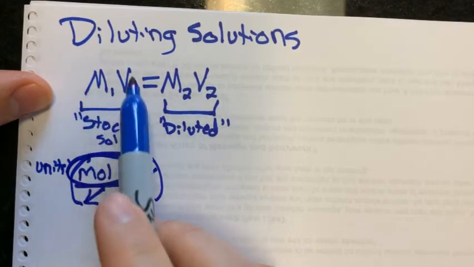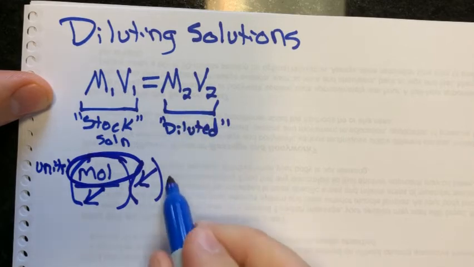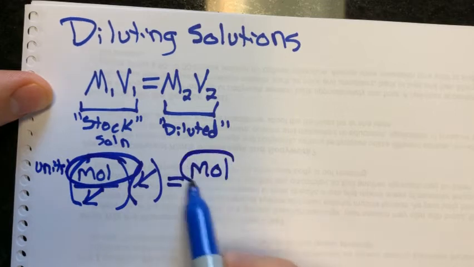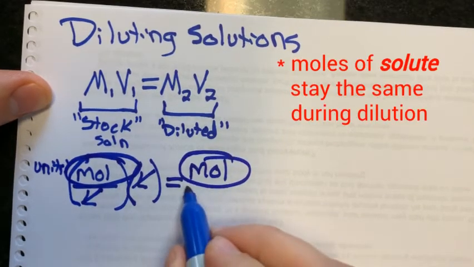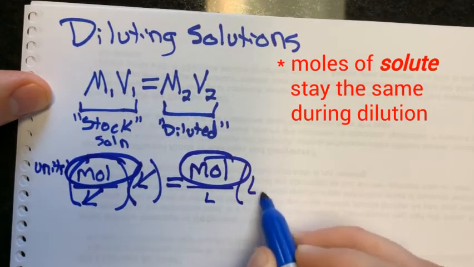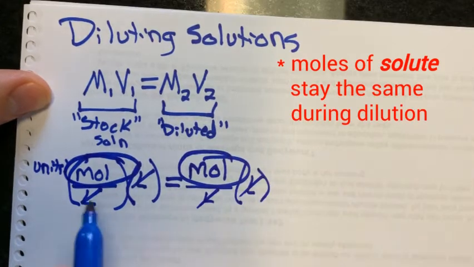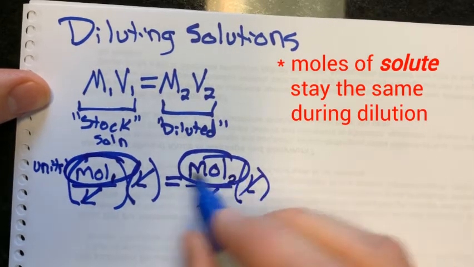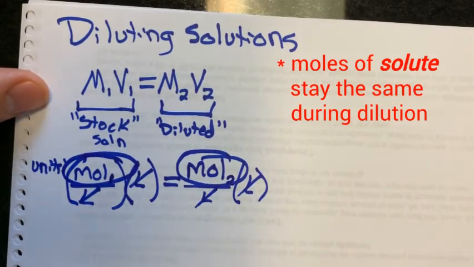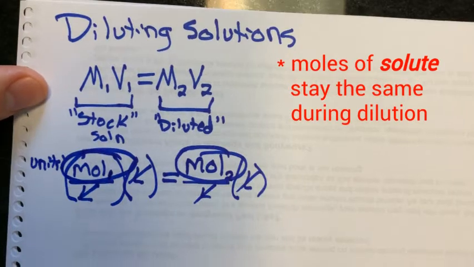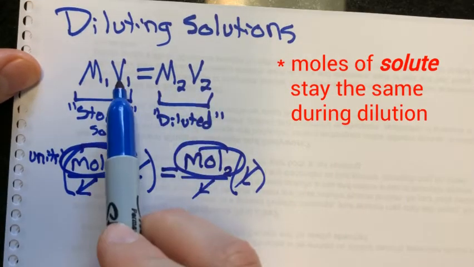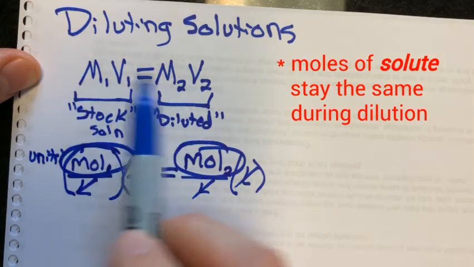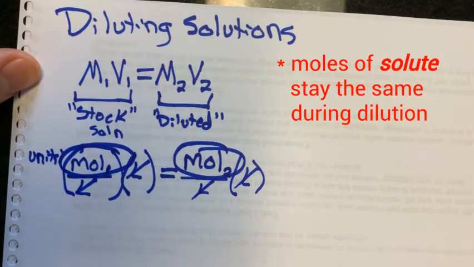So we're actually comparing moles on this side to the same exact thing on the other side. So this tells us that the moles stay the same, even though we have 2 other things on there. Those cancel. So moles on side 1 are equal to the moles on side 2. That's the one thing that stays the same with the diluted solution. So even though we change the volume from before and after, we also change the molarity before and after. The one thing that stays the same is the moles.